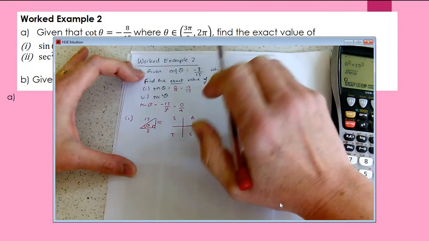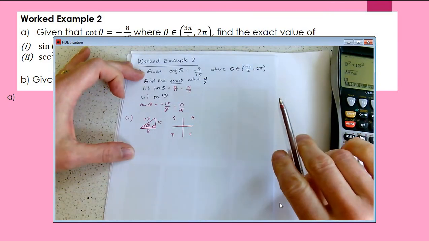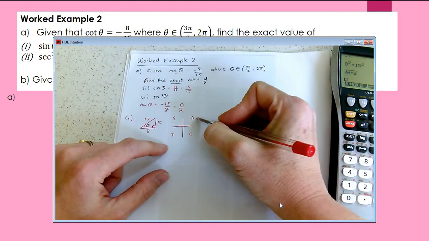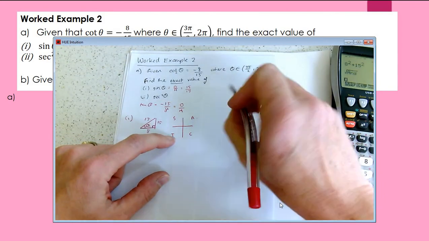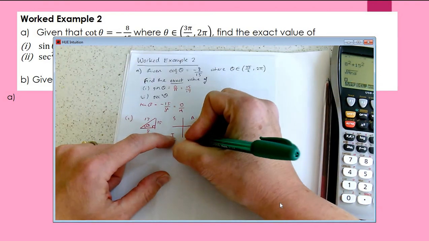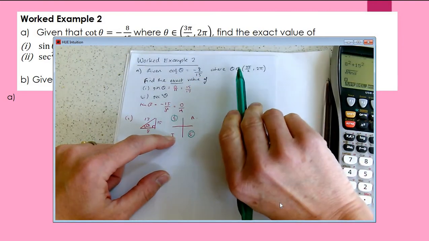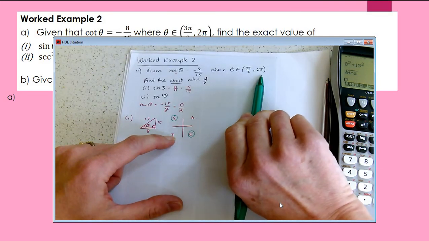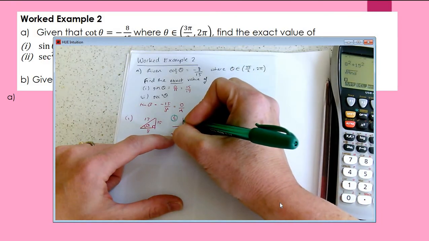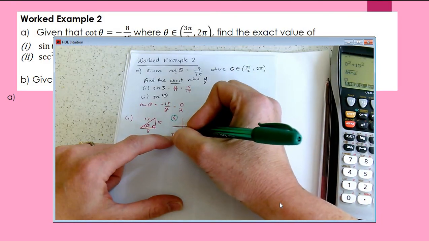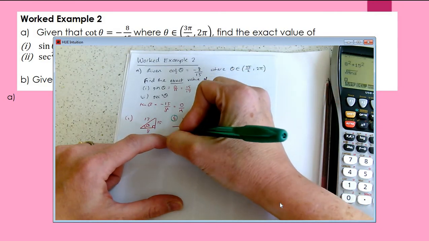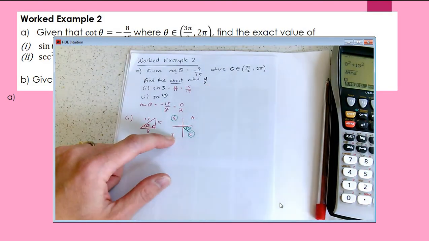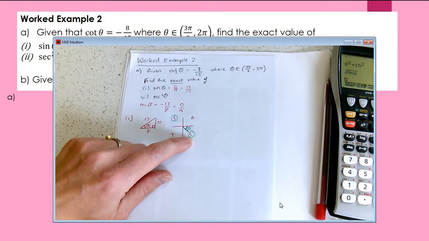If we know that tan is negative, then it's going to be where we don't see a T. Tan is positive there, but tan is going to be negative in this quadrant and this quadrant. And in fact, the question told us to focus on the values of theta between 3 pi over 2 and 2 pi. So we start at 0, we go to pi over 2, pi, 3 pi over 2, and 2 pi. So we know that we're working in this fourth quadrant for our angle. In that fourth quadrant, tan is negative.